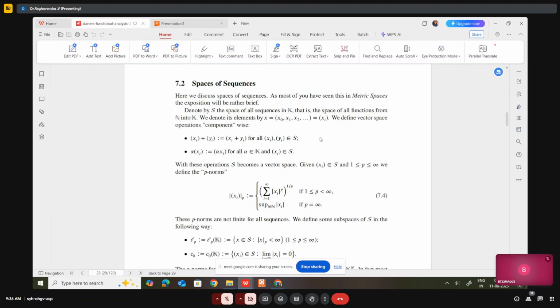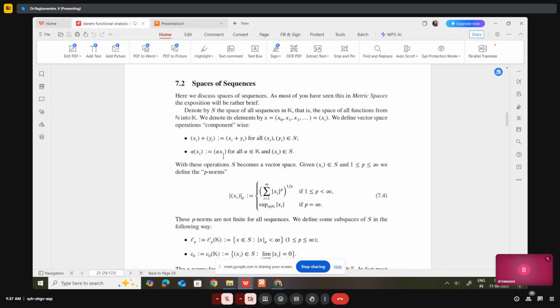Now this sequence space, we make it a vector space. How do you do that? You have to define two operations. One is the addition operation, another is scalar multiplication. So if you take two sequences xi and yi, then you define their sum to be xi plus yi. That is point-wise addition, or component-wise addition if you want.